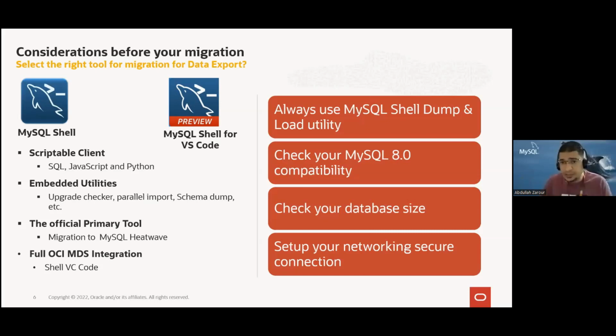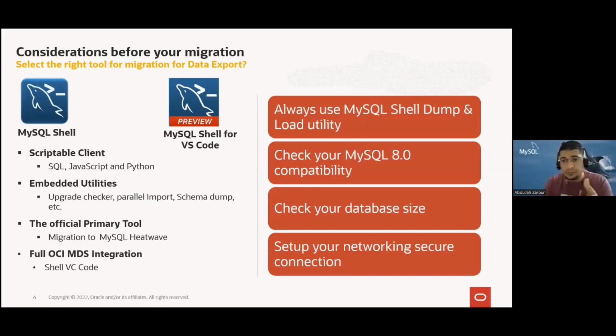Then we also consider the database size. If you have a big database, we recommend chunking it with the MySQL Shell tool. Of course, if you want a secure connection, you can have it in your own way: you can have VPN, or open VPN software installed, and connect both clouds.